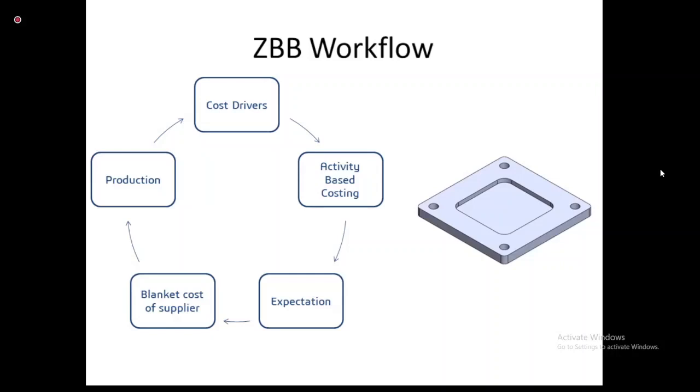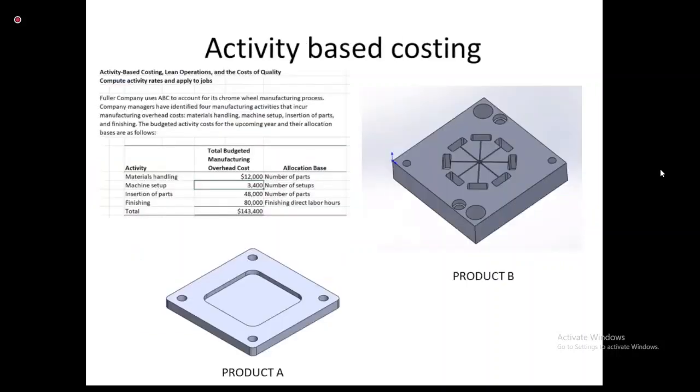Now let us understand what is meant by activity based costing. As you can see on the screen, there is a term called ABC, that is activity based costing, which is one of the integral parts of the implementation of ZBC. Activity based costing is a technique for finding out how many activities are involved in the product, right from concept to reality.